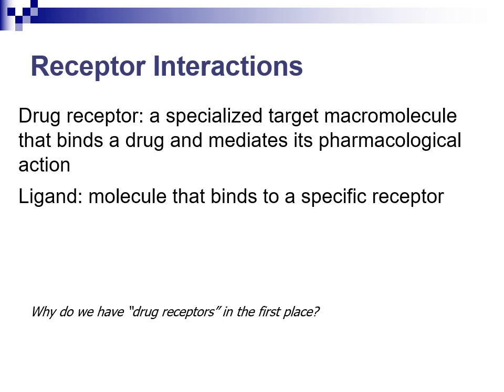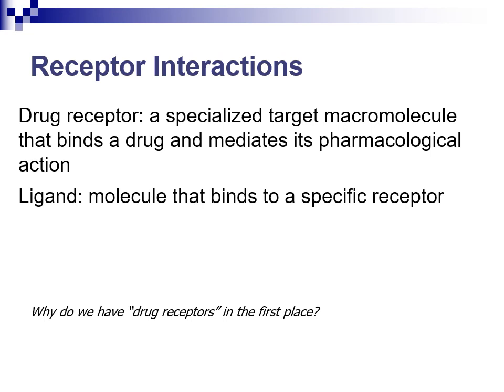So these drug receptors are specialized target molecules, and in a general way, any molecule that interacts with a particular receptor is called a ligand. Okay, so ligands bind to receptors.